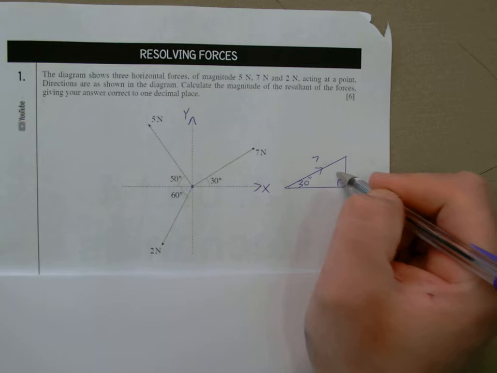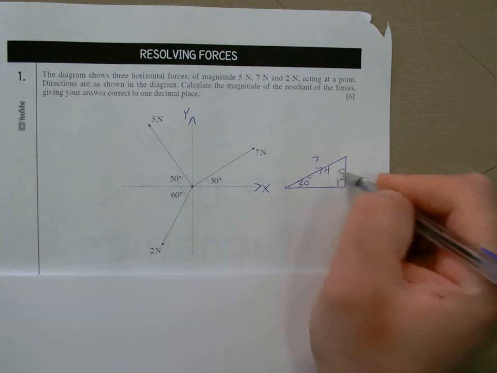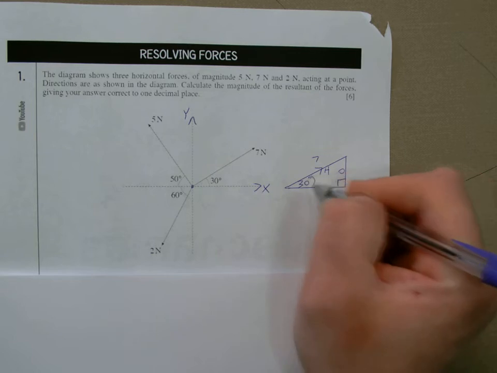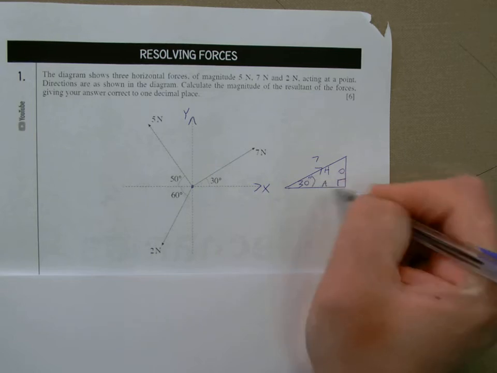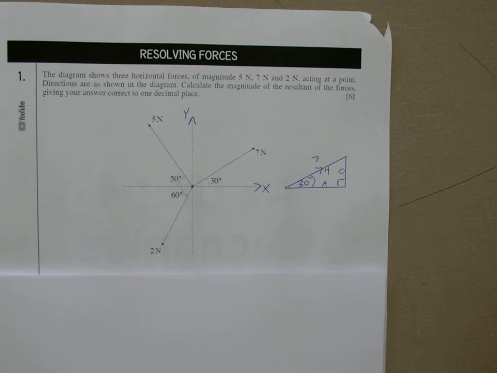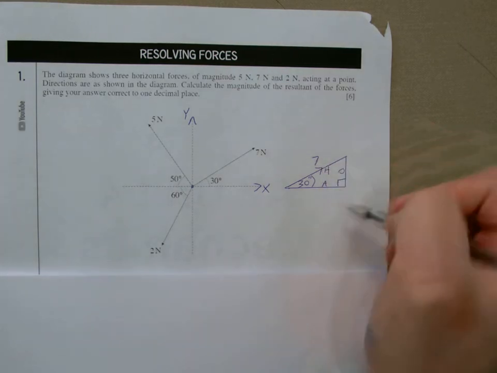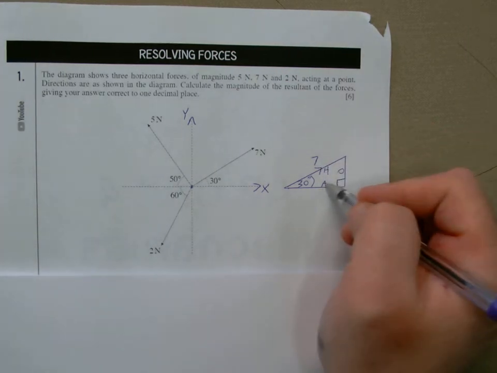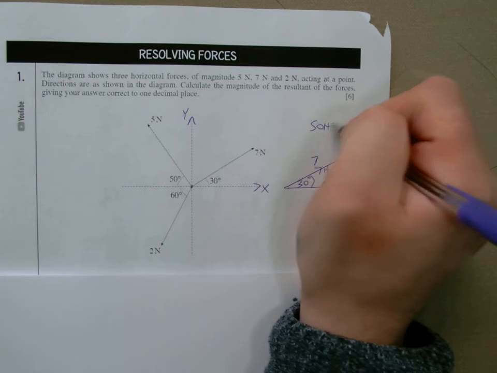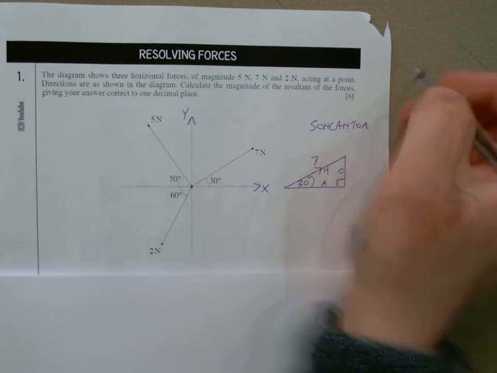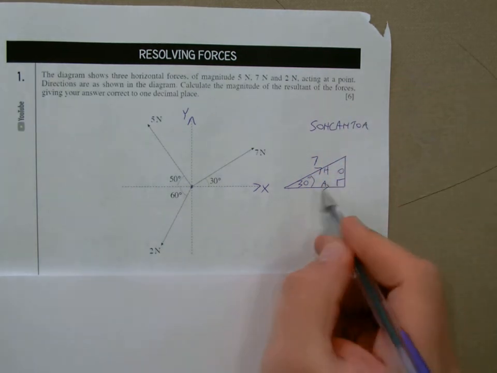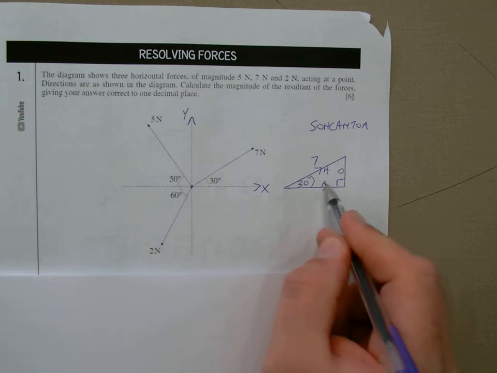Now, if we look at the triangle we've got here, it's a right angle triangle, and we know that side there is the hypotenuse, okay, and we know this side here is the opposite, because it's opposite the angle of 30 degrees, and then we've got the adjacent here next to the angle, okay. Now, I know this side is 7, and the good thing is that I can work out what the adjacent is just by using SOHCAHTOA, okay. So I can work out what that component is, how much we go across, by working out what A is.